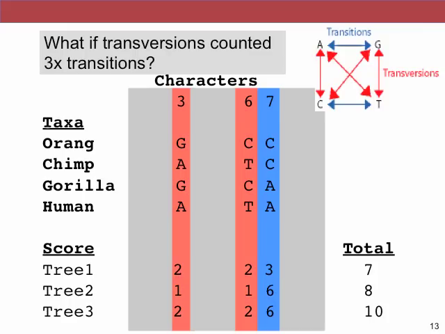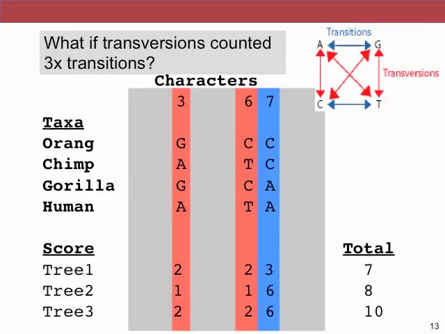Tree number 2 and tree number 3 required 2 transversion events. We are going to penalize tree number 2 and tree number 3 extra because they required 2 instead of 1 transversion event. So we have doubled the cost in essence. Instead of the difference between tree 1 and tree 2 being 1 point, the difference is now 2 points.